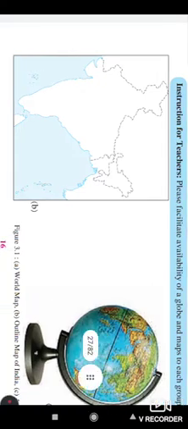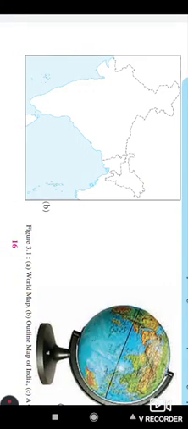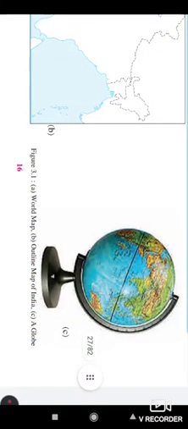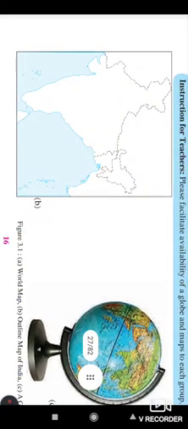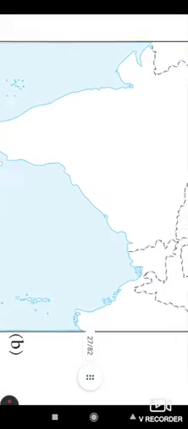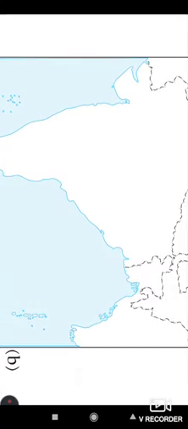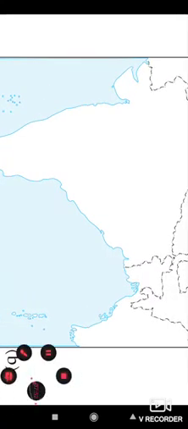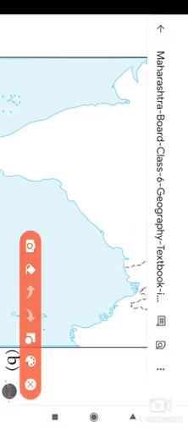So here is the picture of our nation and map of India. Okay, country. From this point up to this point, we have a whole coastal line.